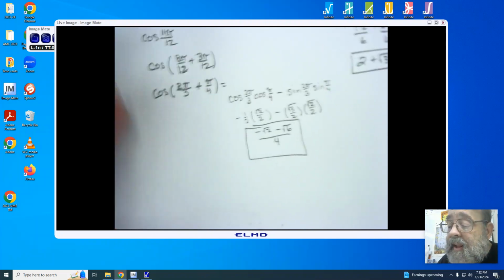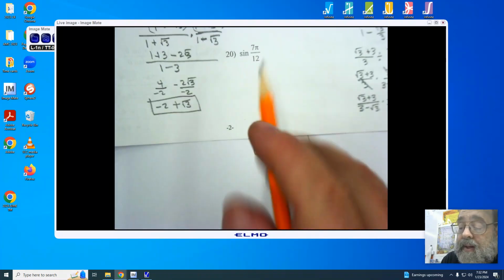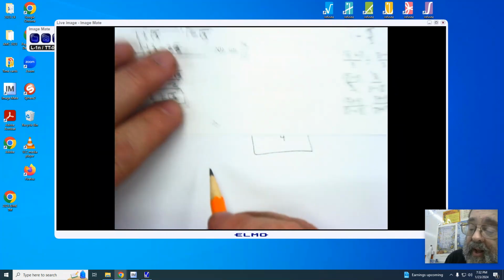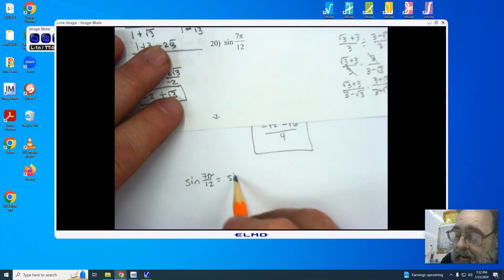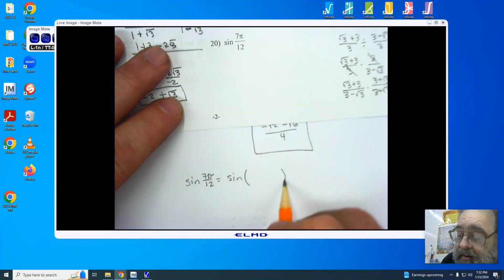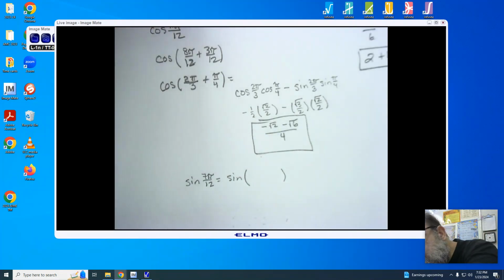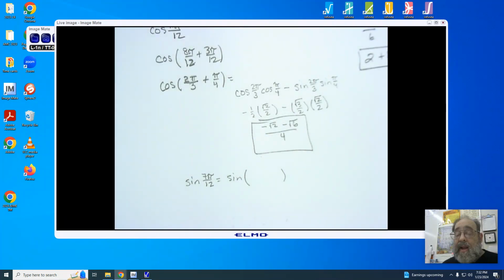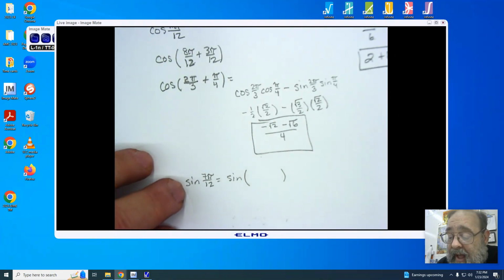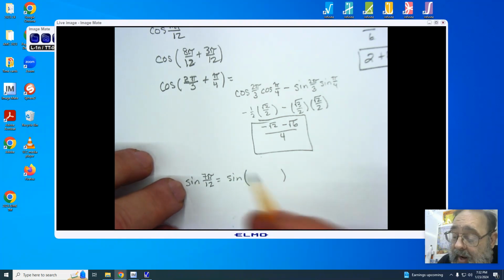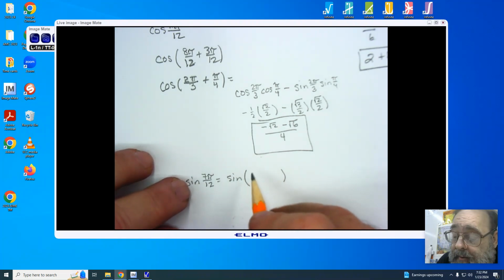Our last one that we have here is sine of 7 pi over 12. And we have to think about, what are we going to do? Are we going to add, or are we going to subtract? Well, I'm going to go ahead and add. Now, if you decided to find the values that we can subtract with, you will still get the exact same answer, as long as it's correct.